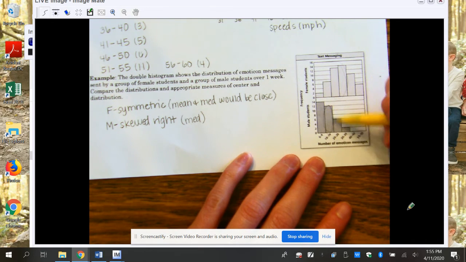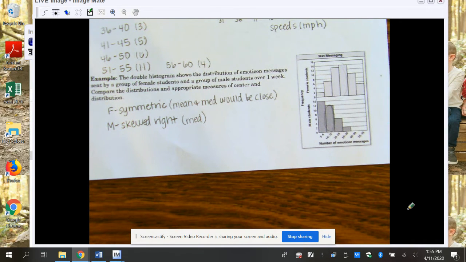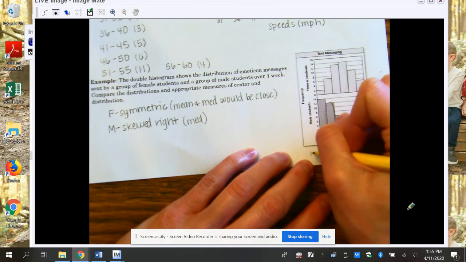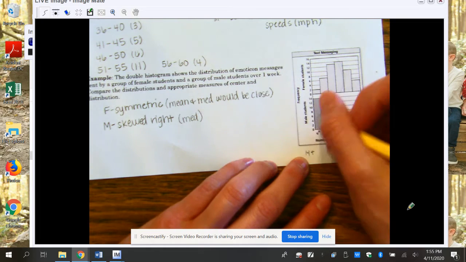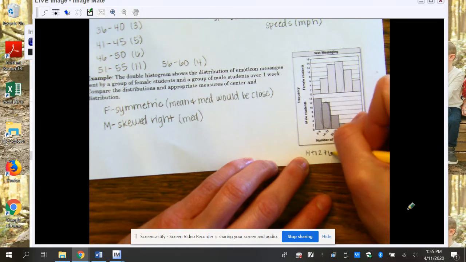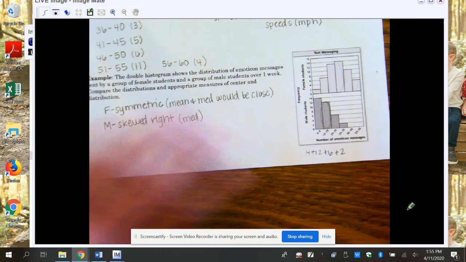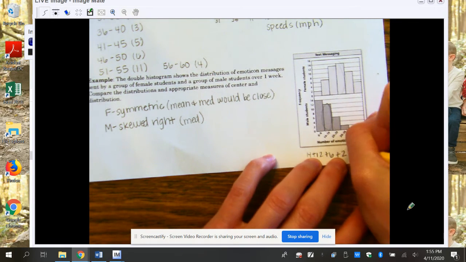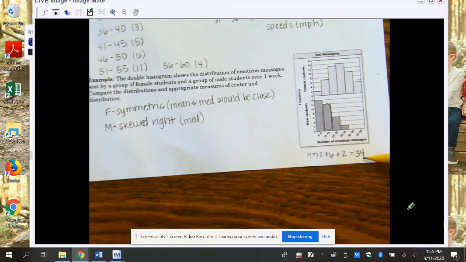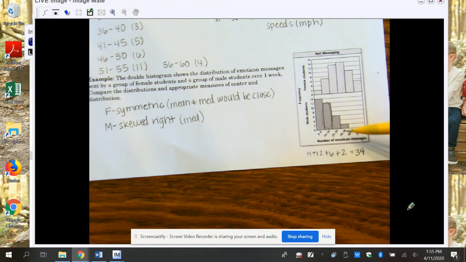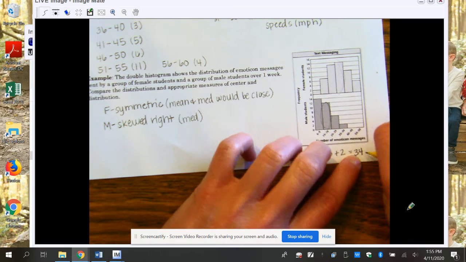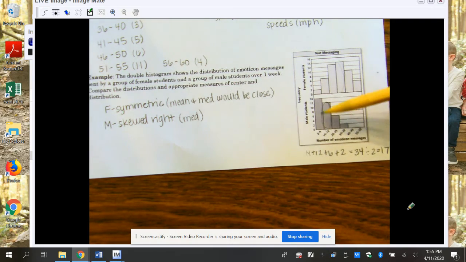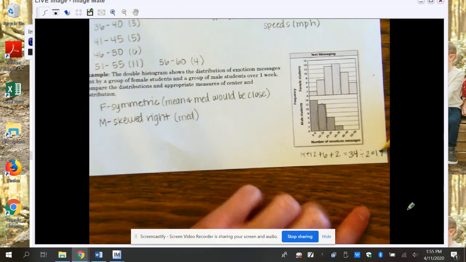So like if I told you that, let's say, well, we can actually figure that out. So there's 14, maybe this will be a better example of finding the bar. 14 plus 12 plus 6 plus 2 is what? So that would be 34. So if there are 34 messages that were looked at from the male students, 34 divided by 2 is 17. So that means I'd have 17 values on either side.